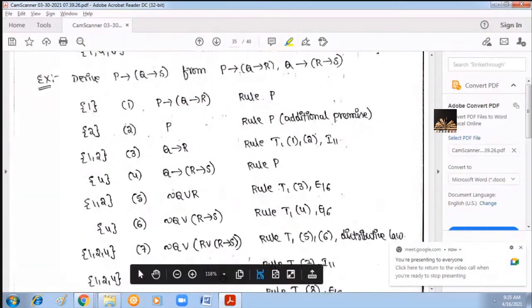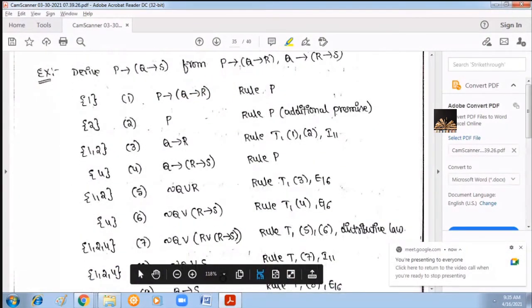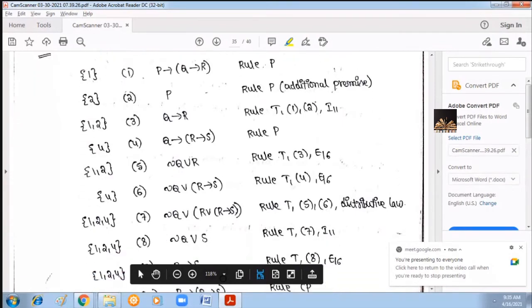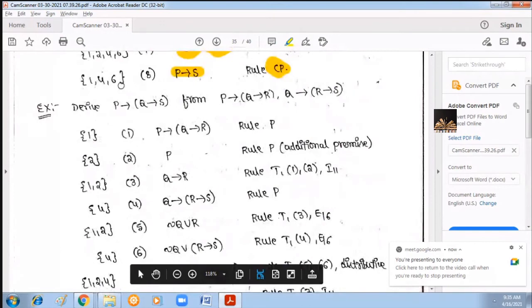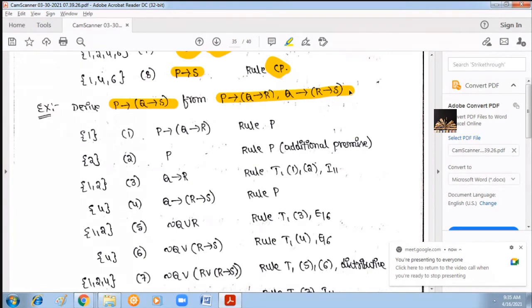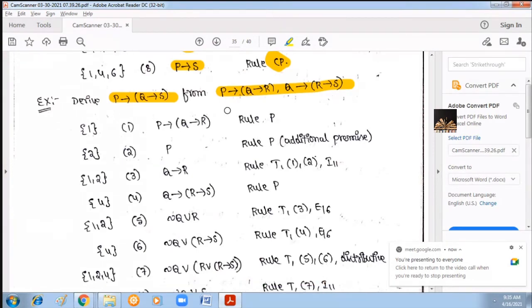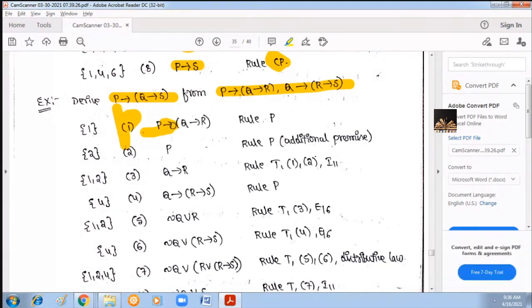And last example is: prove that P tends to Q tends to S is derived from this set of premises, right? So how to prove this? Here P tends to Q. This is something like P tends to Q, where your Q is Q tends to S, right?